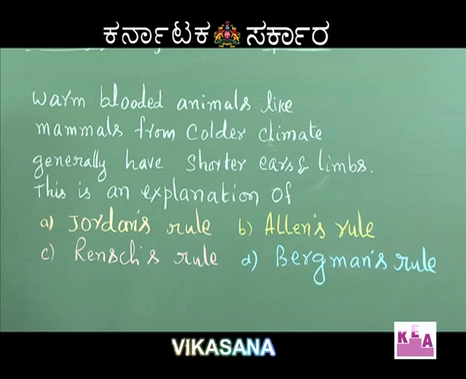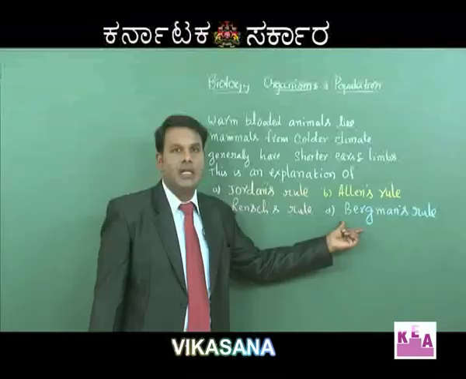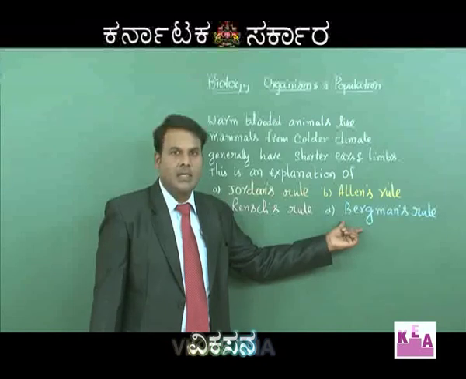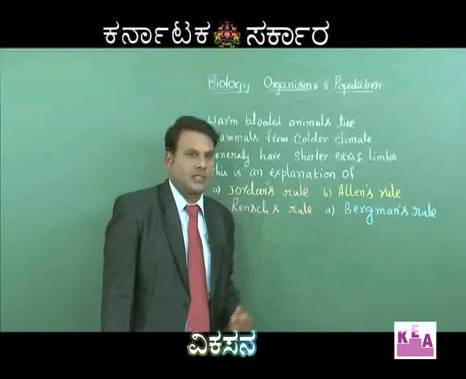Wrench's rule says that this is the size dimorphism for sexual selection. Option D is Bergman's rule. Organisms living in colder climatic conditions are larger than organisms living in hot climatic conditions.